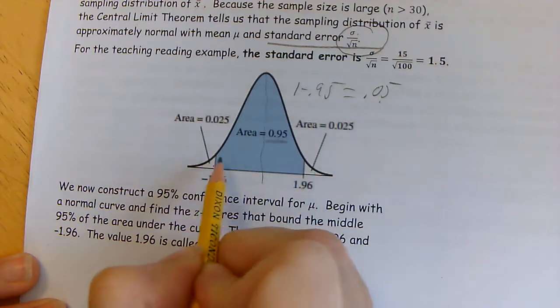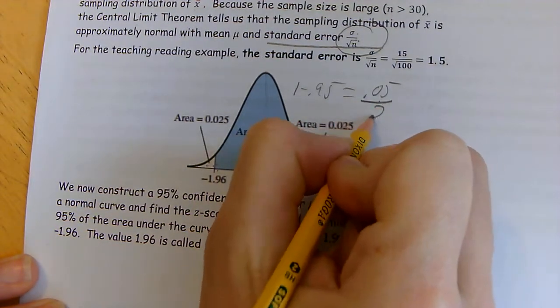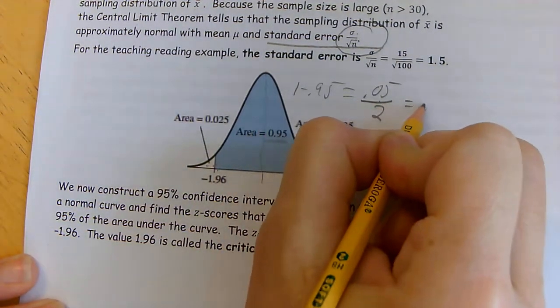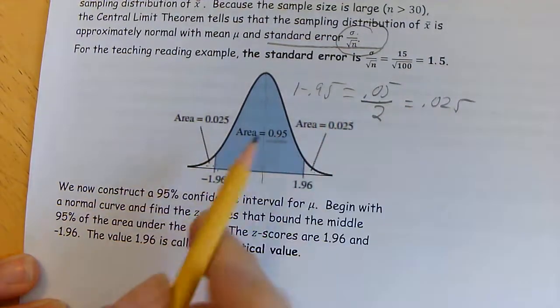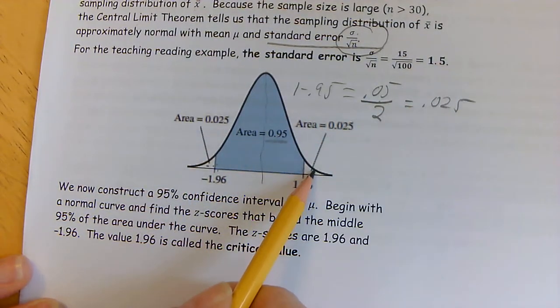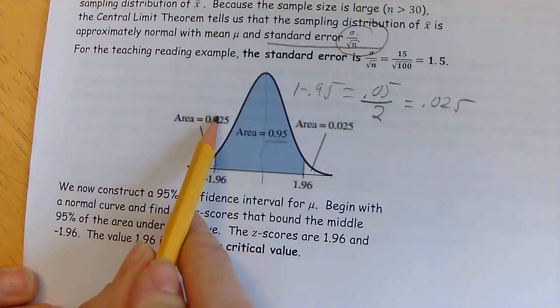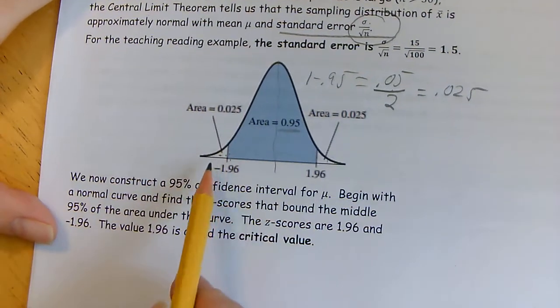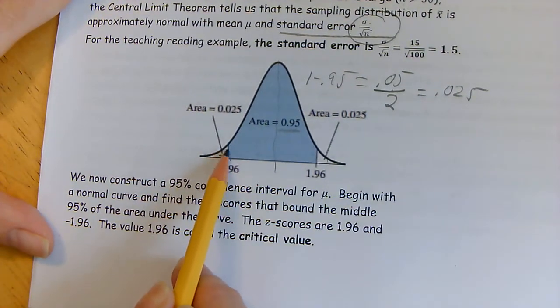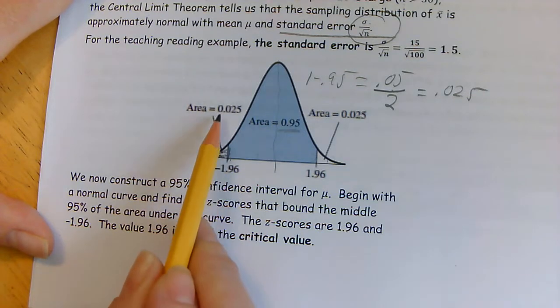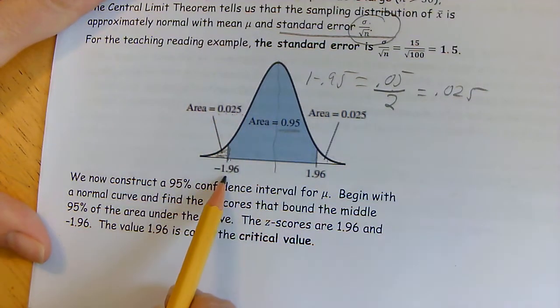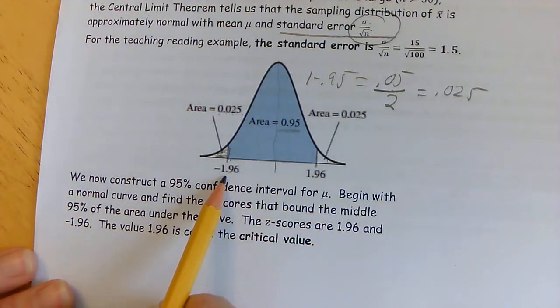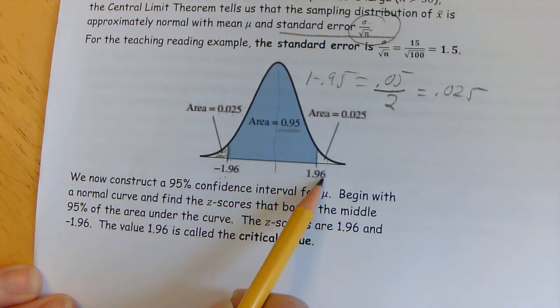But this is between two tails, so I have to divide that 5% by 2 to get the area left in these two tails. The critical value is the z-value that matches that area under the curve, 0.025, on the negative side, because that's how my table reads, and it'll be both the negative and positive of that value.